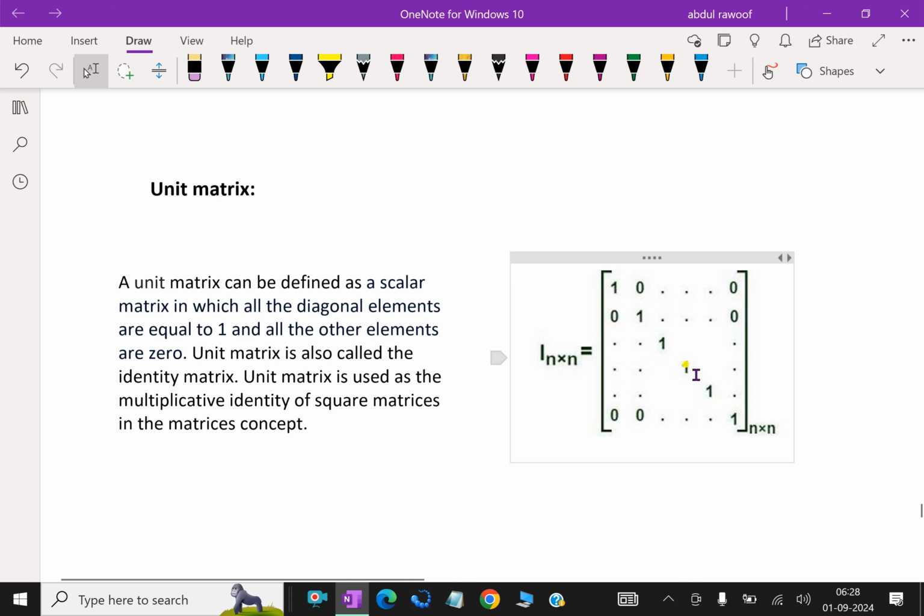That is, the prime diagonal element is 1 and the other elements are 0. This is called a unit matrix. The unit matrix is also called the identity matrix. The unit matrix is used as the multiplicative identity of a square matrix in the matrix concept.